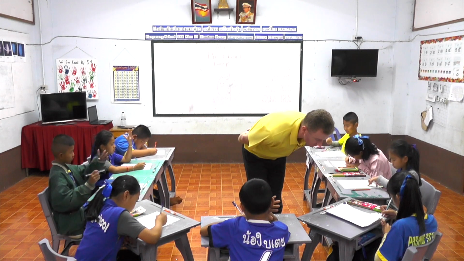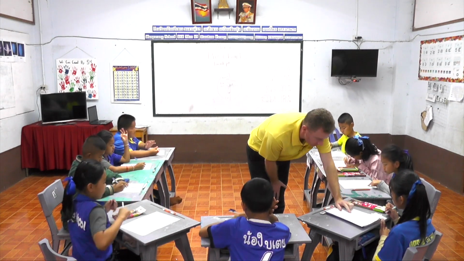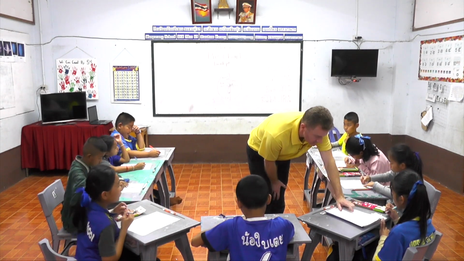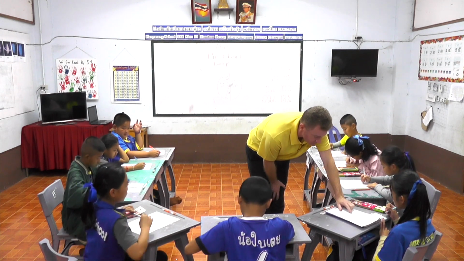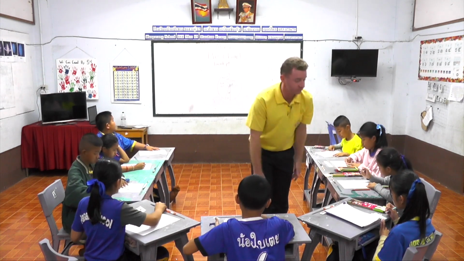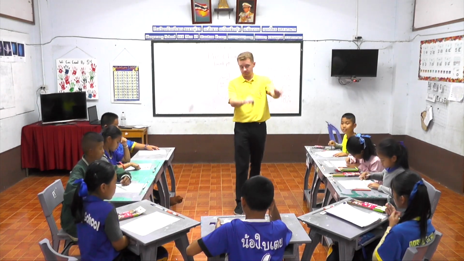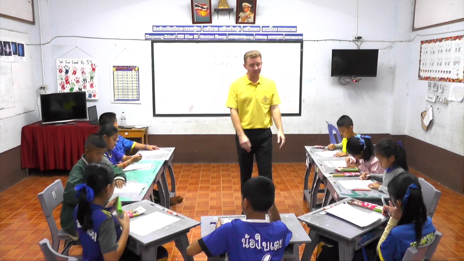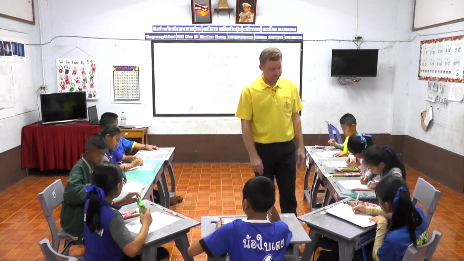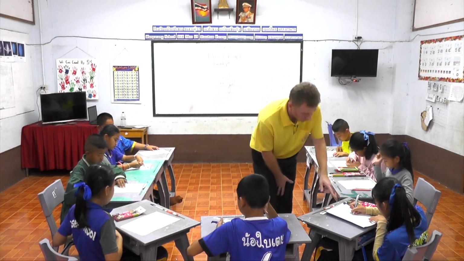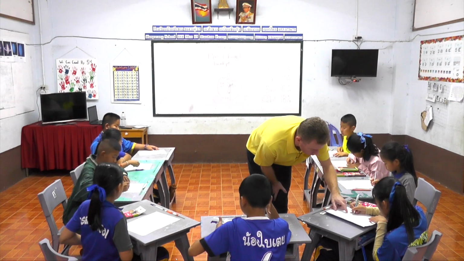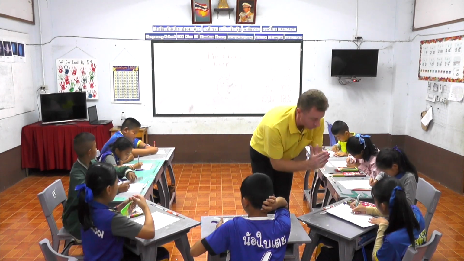So 35 and 15 is 50. 35 and 8 is 43, so that leaves you 7% for pink. So pink will be 7. And then you get to 100 down. So pink will be your smallest, it will only be 7%.